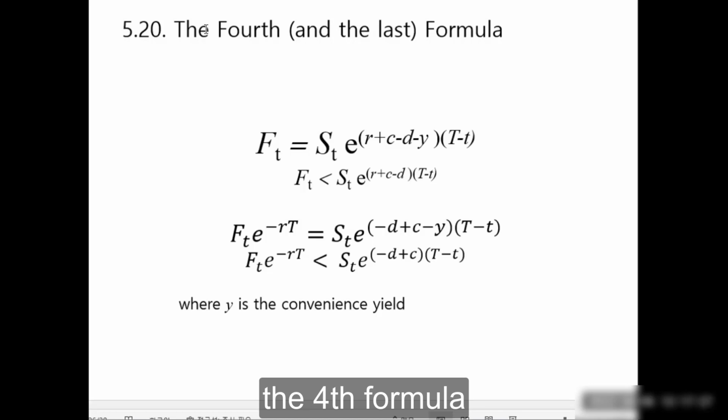So if you don't want to deal with something you don't see, you may just stop here and say that the spot price must be higher than implied by this formula. Okay, any question?